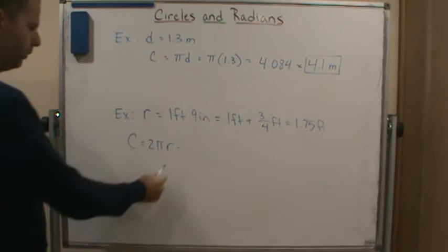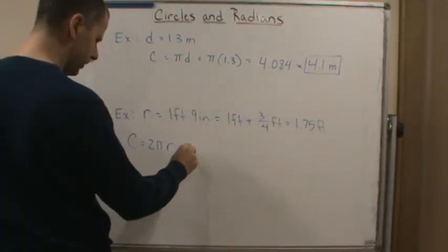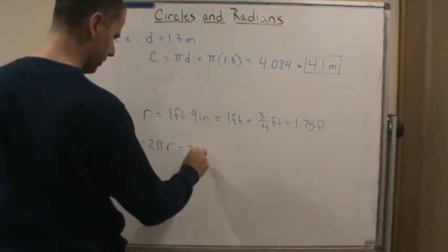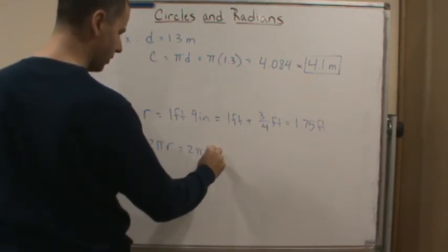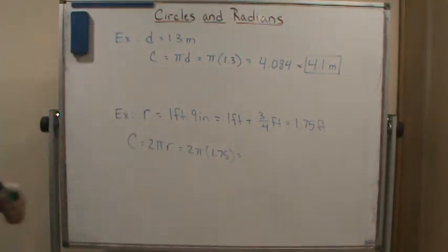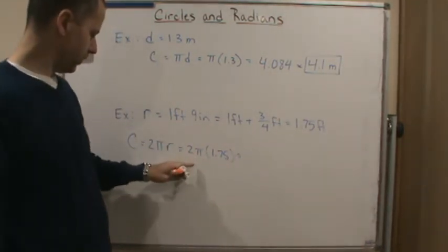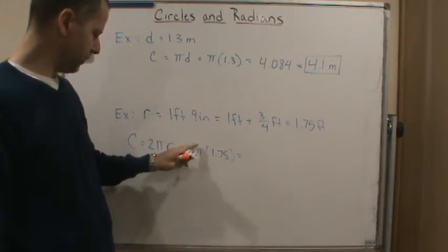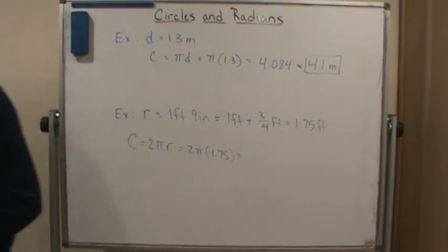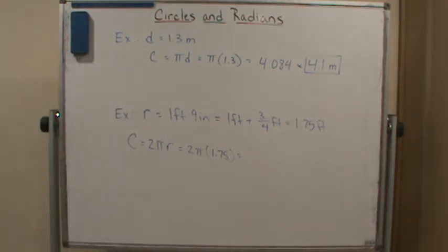So now this is going to be 2 times pi times 1.75. Again, if I'm using multiplication here, if I take 2 times pi, use the pi key on your calculator, times 1.75, the approximate value I get for the circumference is 10.9956.